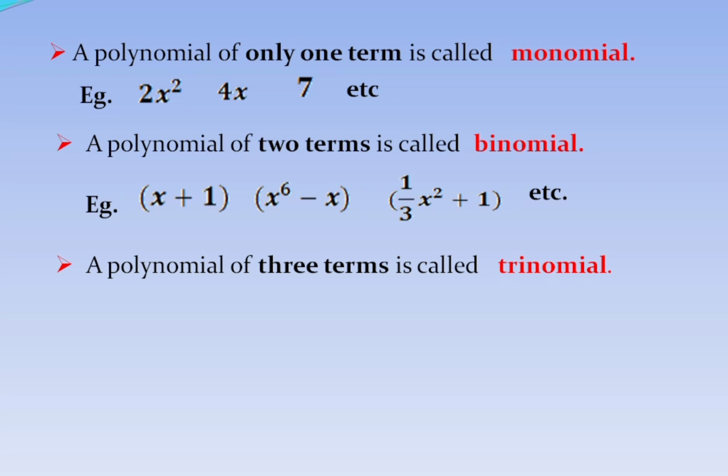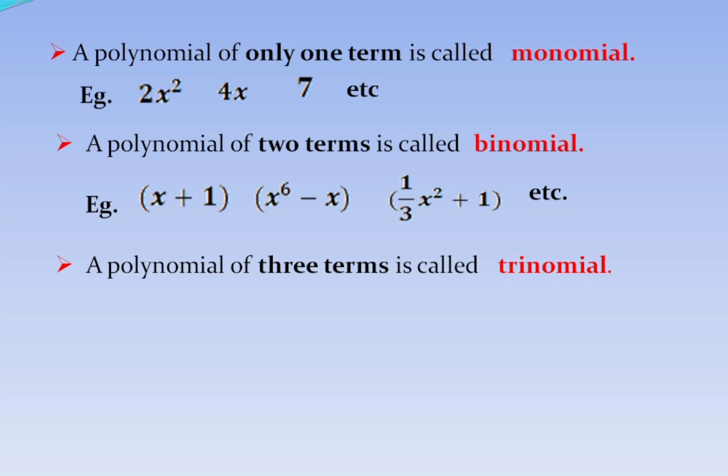Now you see all these terminologies that we are using here. I know someone may also ask, what about if you have 4 terms, 5 terms? Yes, so apart from these 3 terminologies here, the rest, from 4 terms, 5 terms, 6 terms, and so forth, do not have specific names.